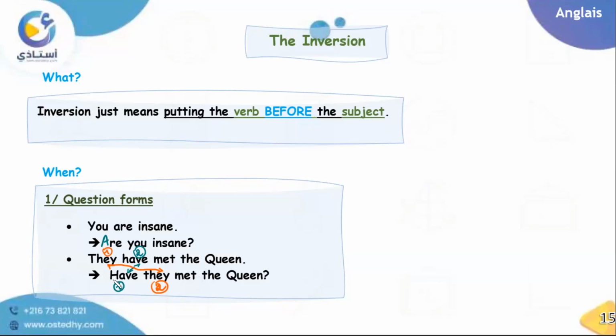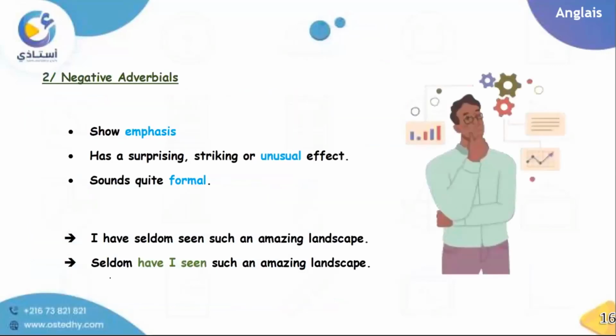Okay, the first instance where we do the inversion is with the question. But we have many other times when we can invert the verb to come before the subject. When? The second time we can invert the verb and the subject is with negative adverbials. We can invert with the negative adverbials.